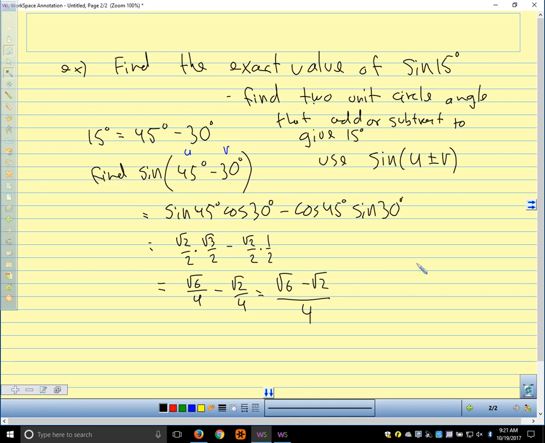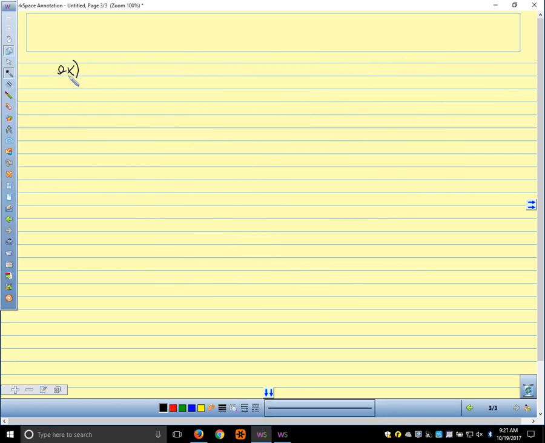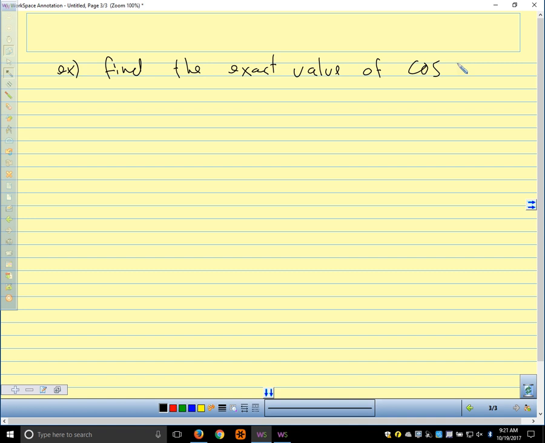All right, let's look at one that's a little more interesting. We want to find the exact value of the cosine of 7 pi over 12.